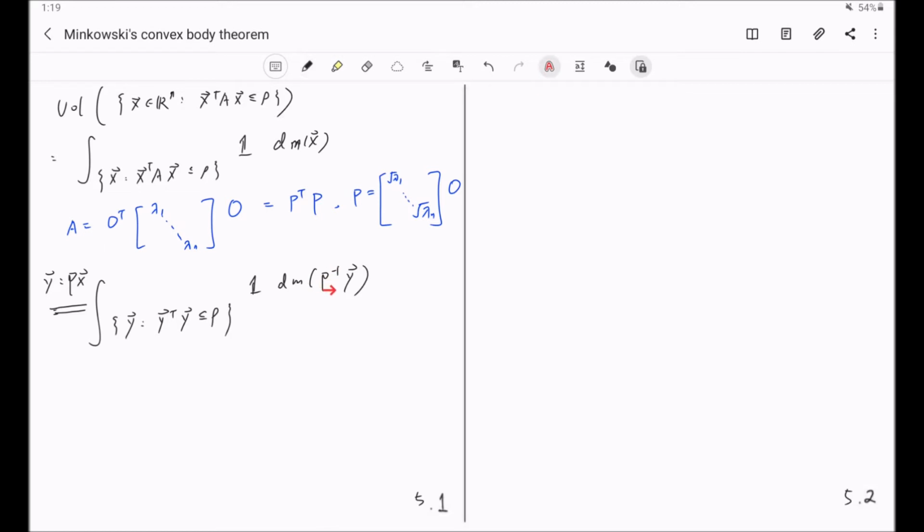And now you pull this P inverse outside and get the determinant of P inverse times this integral.